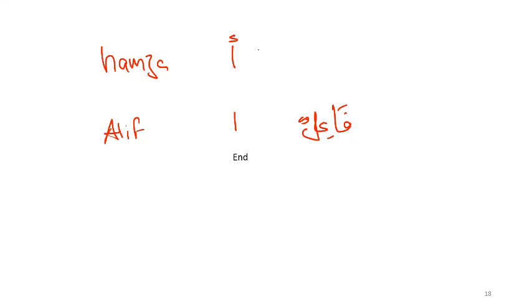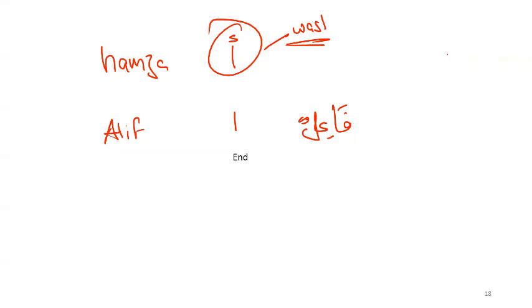Now, we talked earlier about Hamzatul Wasl. Hamzatul Wasl is where we actually skip over the Hamza if the previous word or the previous letter has some sort of harkat.